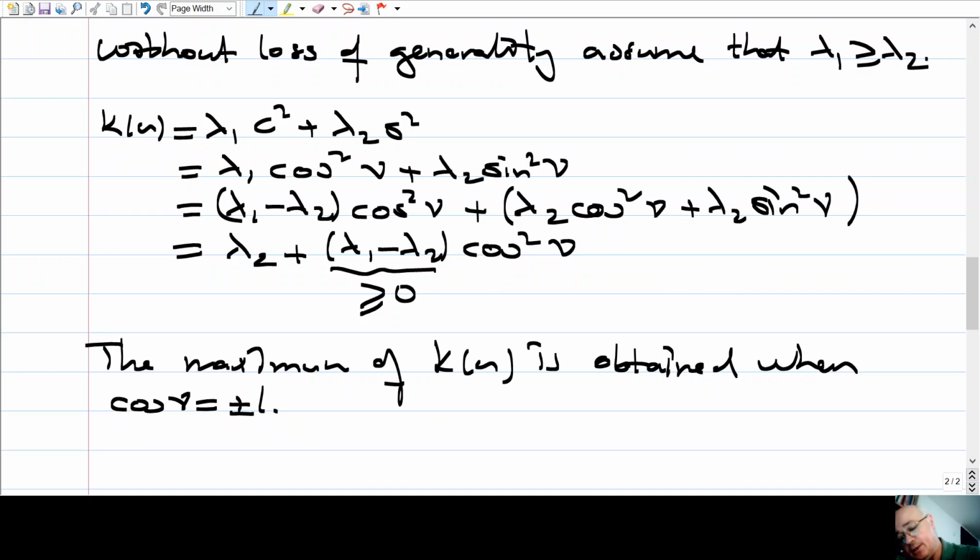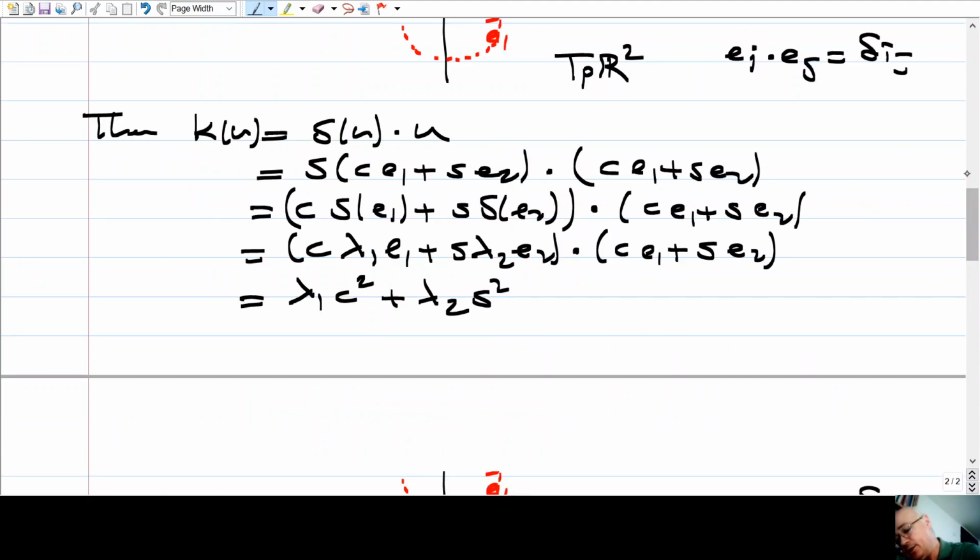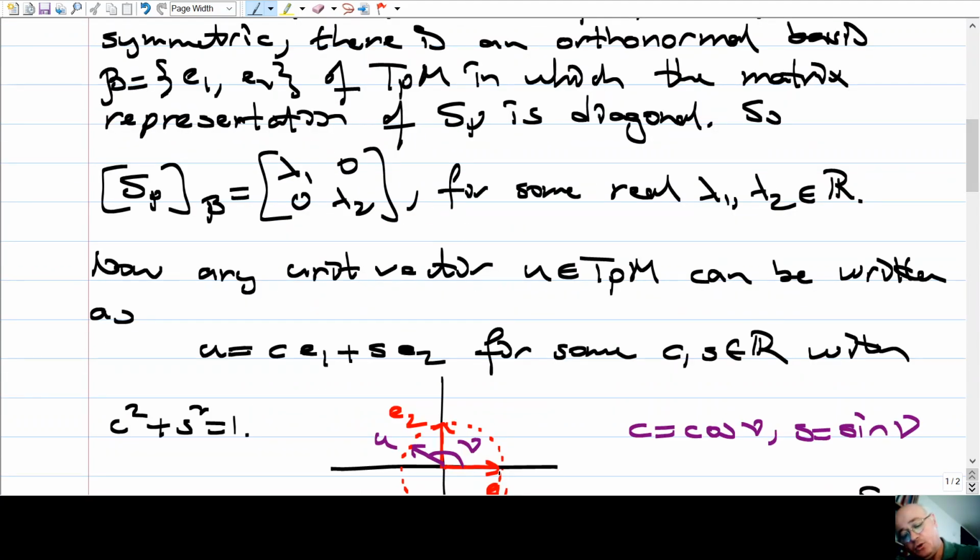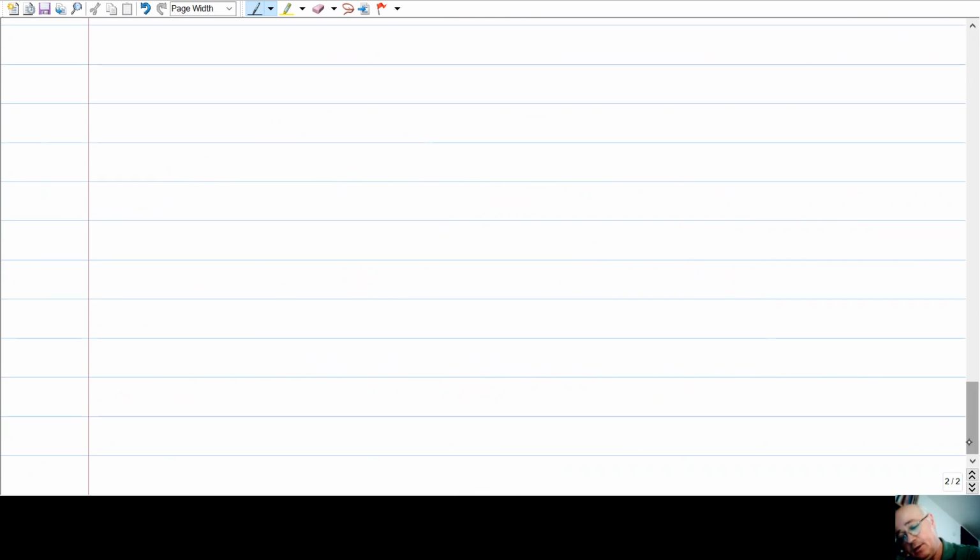So it means the angle mu is 0 or pi. Well, this means what? The angle is 0 or pi. So it means the vector u is either in the e1 direction or minus e1 direction.